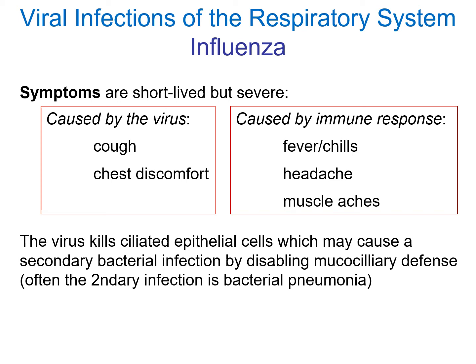But as you know, if you've had a flu, it doesn't last very long, but it really kind of kicks your ass more than a cold would. So we've got cough and chest discomfort that are caused directly by the virus attacking the epithelial cells within the respiratory system. And then the immune response brings about fever and chills and headache and muscle aches. Those are all part of the immune response.